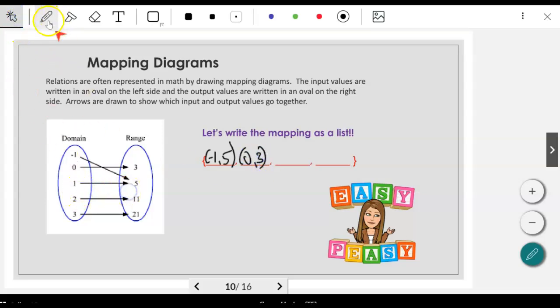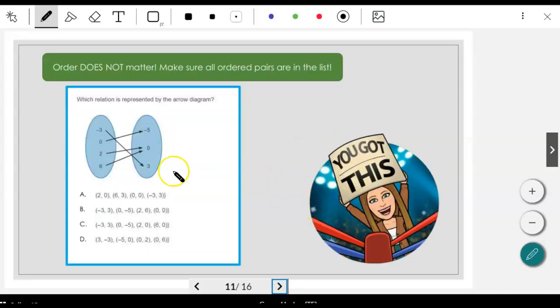This 1 goes with 5. This 2 goes with the 11. And then 3 with 21. That's all there is. And then you can look at your domain, your range, and then the next lesson we'll talk about functions.